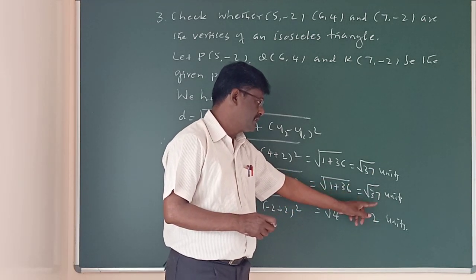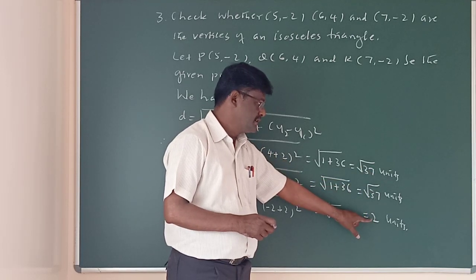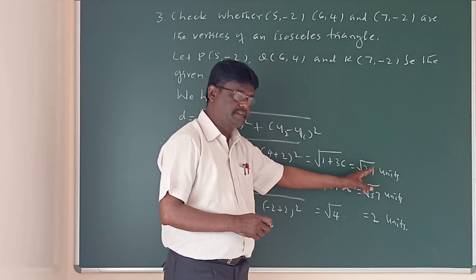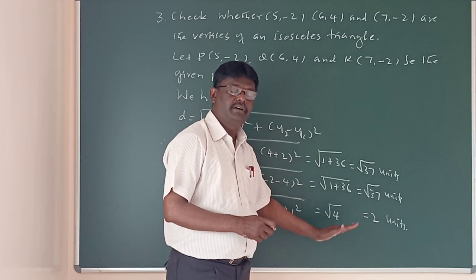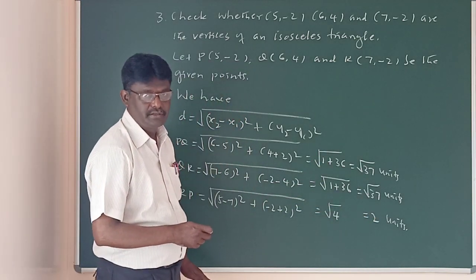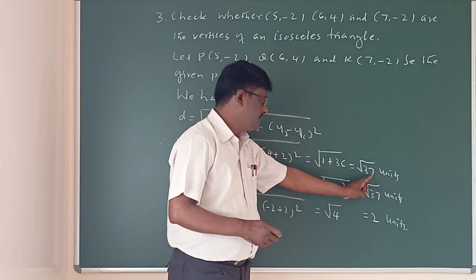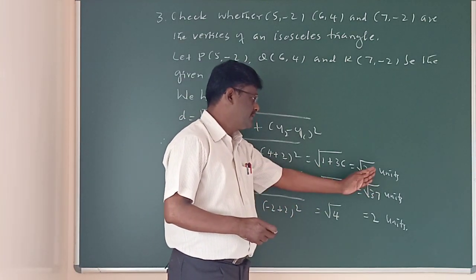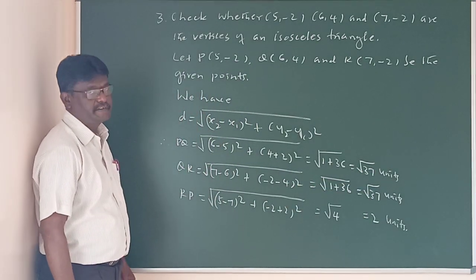Therefore 6, 6, 2 like that. The sum of these two is, no doubt, greater than this. The sum of these two is greater than this. The sum of these two is greater than this. Therefore, they form a triangle. Then what type of triangle? Since these two sides are equal, having the same length, it is an isosceles triangle. That's what our question is.